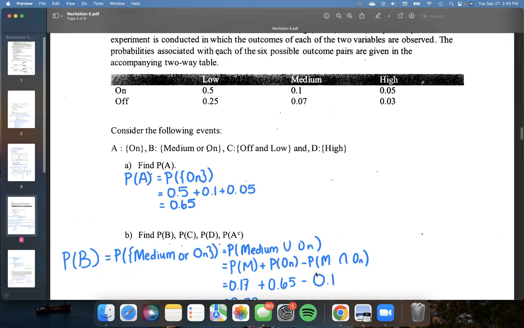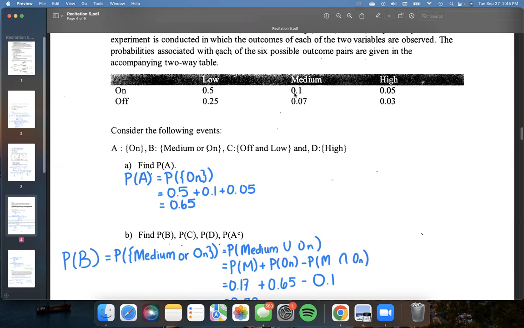And then we subtract the intersection, which the intersection of medium and on is 0.1. So here I would trace my finger down, and then I would trace my left finger from on, and then I would find that value.